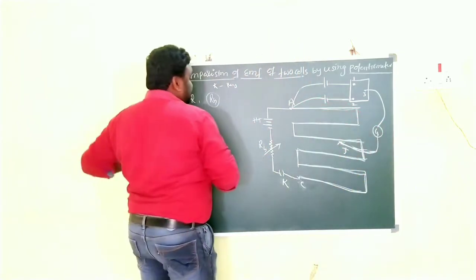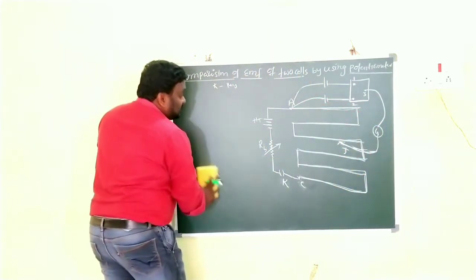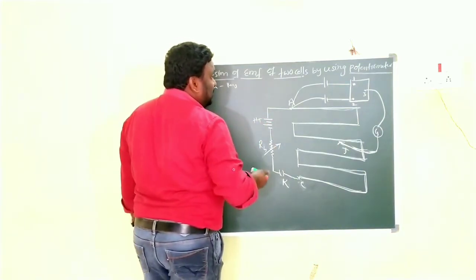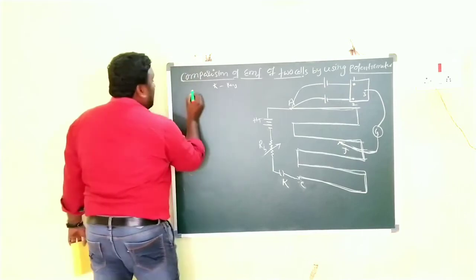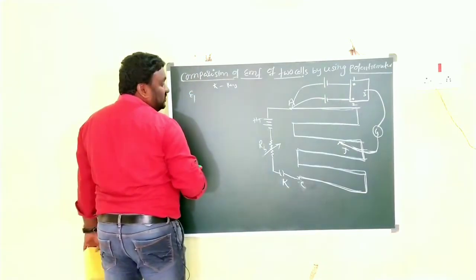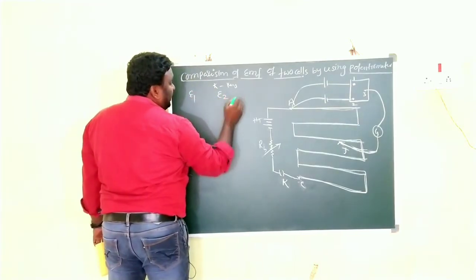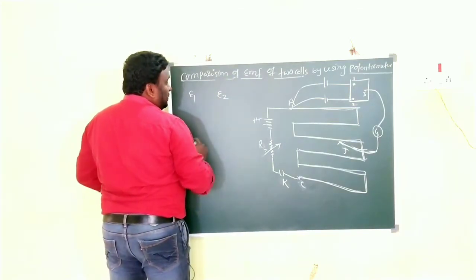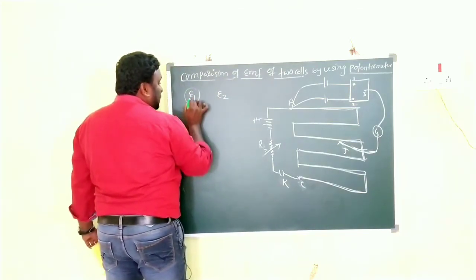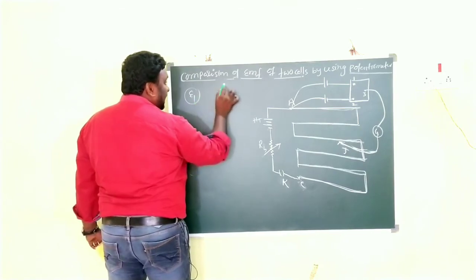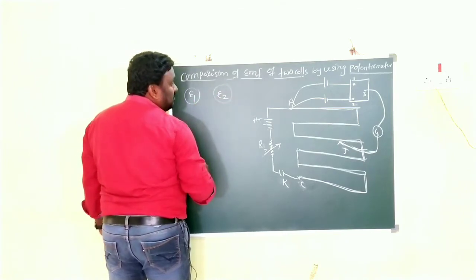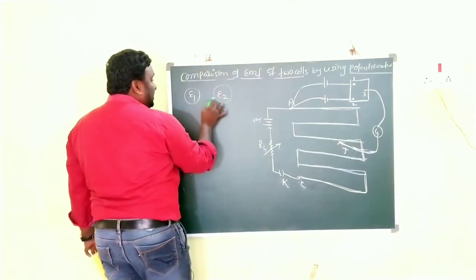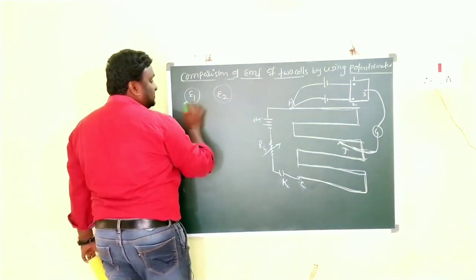So children, this is the primary circuit. Now the cells have some EMF values: epsilon 1 is the EMF of the first cell and epsilon 2 is the EMF of the second cell. We want to compare the EMFs of these two cells.